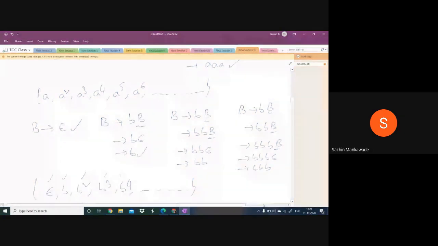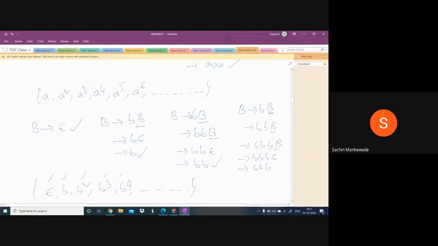Now, again, look at this. B derives BB is the production. In the B place, I will substitute BB. And now in the B place, I will substitute epsilon. Then B square is the string.